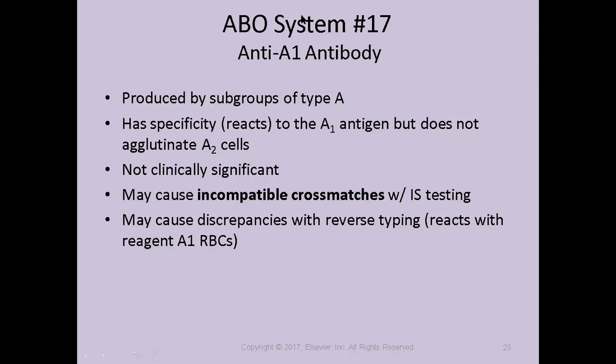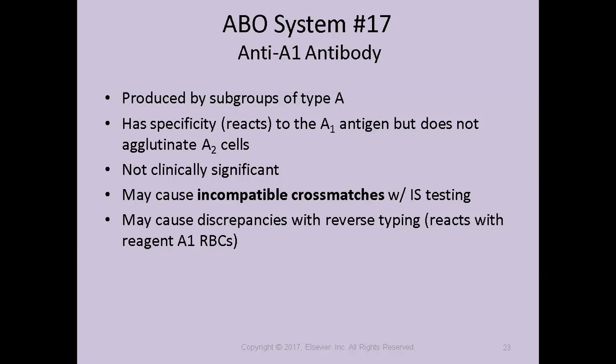These anti-A1 antibodies are not clinically significant, meaning that they're not related to any kind of transfusion reaction. However, they can cause incompatible cross matches with immediate spin testing, and they absolutely can cause discrepancies in reverse typing. So think about reverse typing. That's when we take the patient's plasma and we test it with reagent red cells, right?